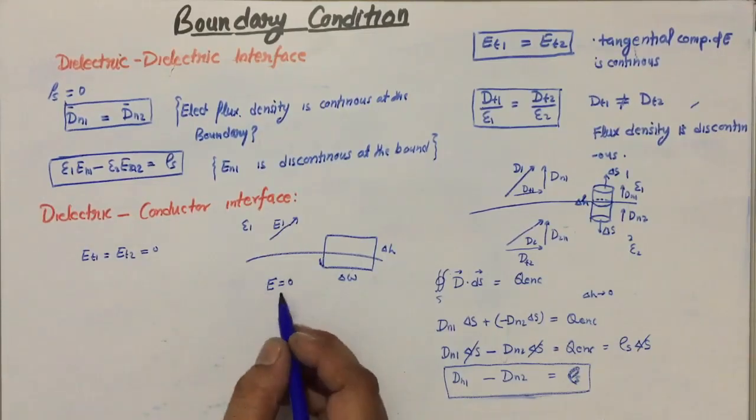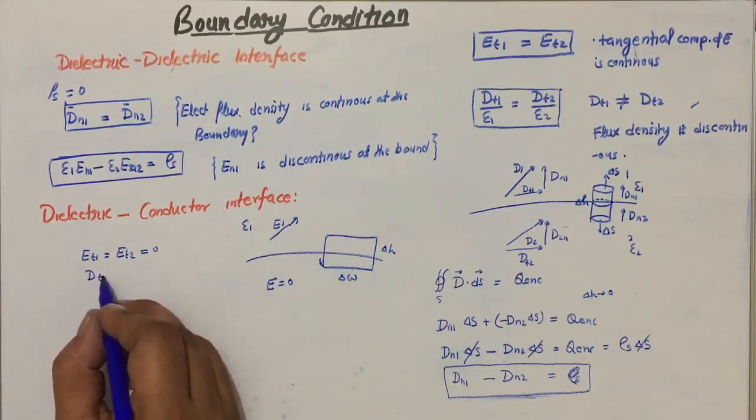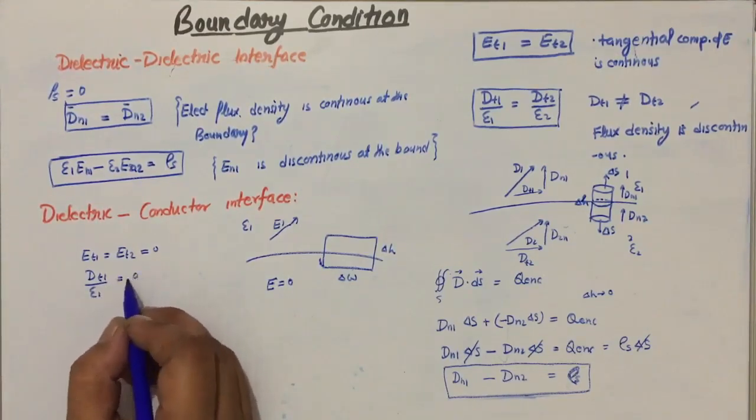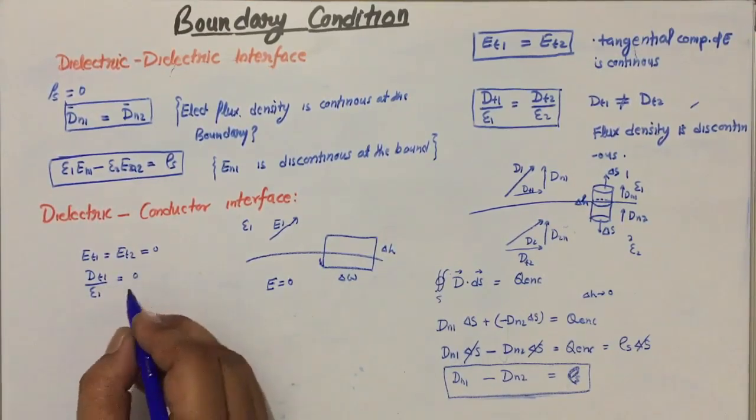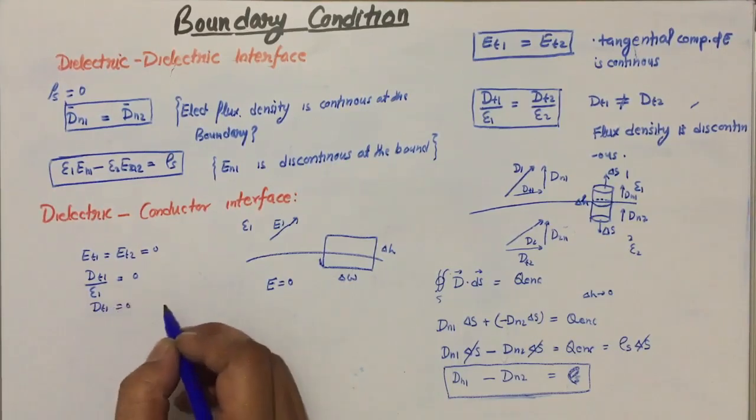From here, Dt1 by epsilon 1 will be equal to 0, so Dt1 equals 0.